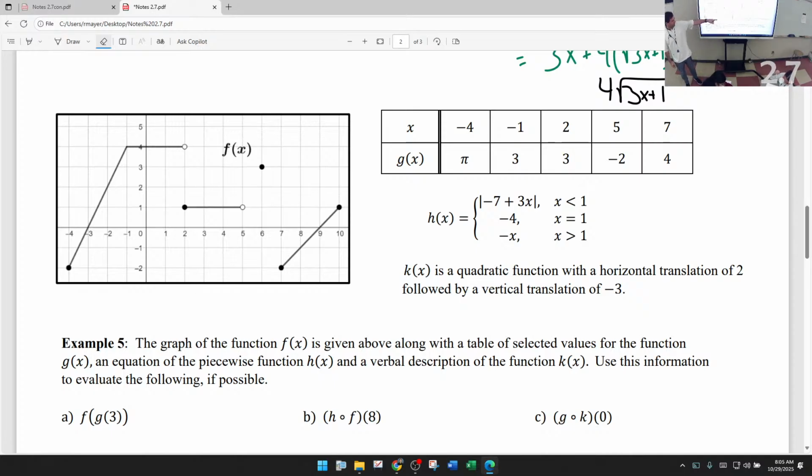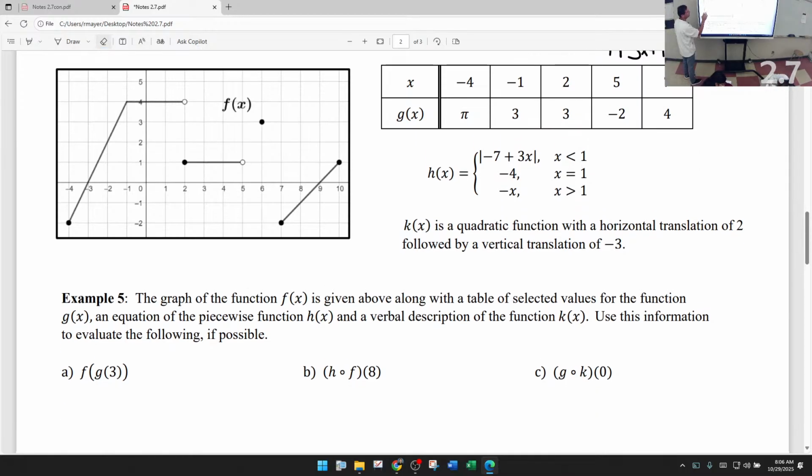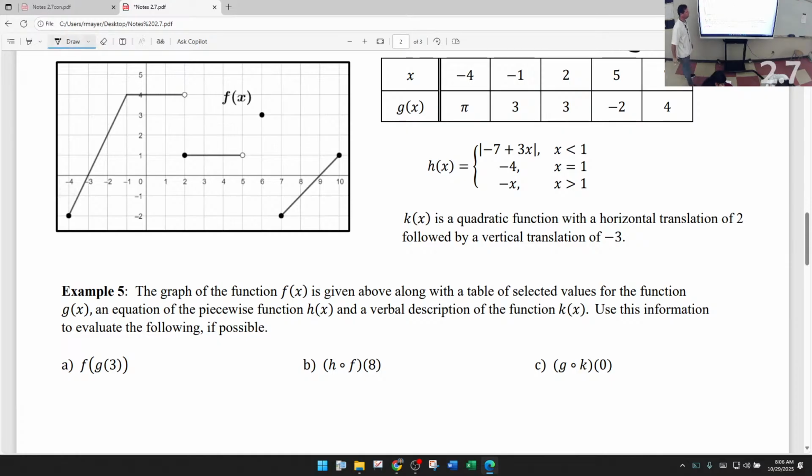K of X, where the heck is K? K of X is a quadratic function with a horizontal translation of 2 followed by a vertical translation of -3.